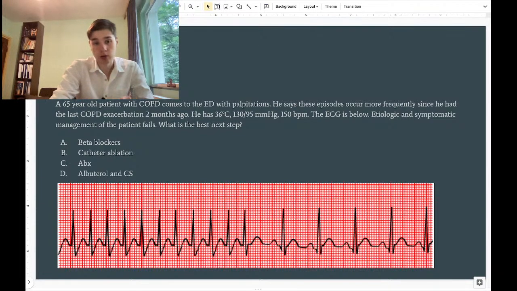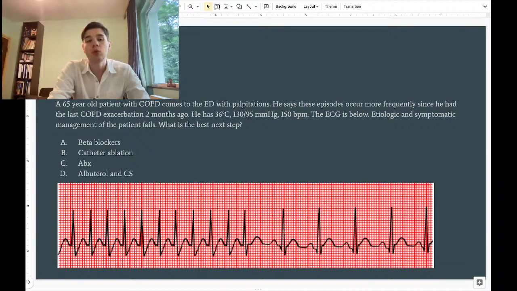Indeed, albuterol and corticosteroids would be used if he would have an exacerbation as a first line. However, the clinical vignette states that etiologic and symptomatic management, namely albuterol and corticosteroid, has already failed. In the case of treatment-resistant patients with PAT, the last resort is represented by catheter ablation.